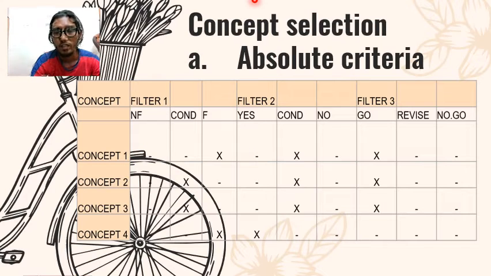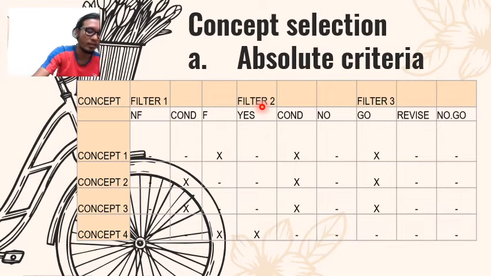So next, we carry on with the concept selection. The first one is absolute criteria. As you can see, filter number 1 is for the judgment of functional flexibility of the design.